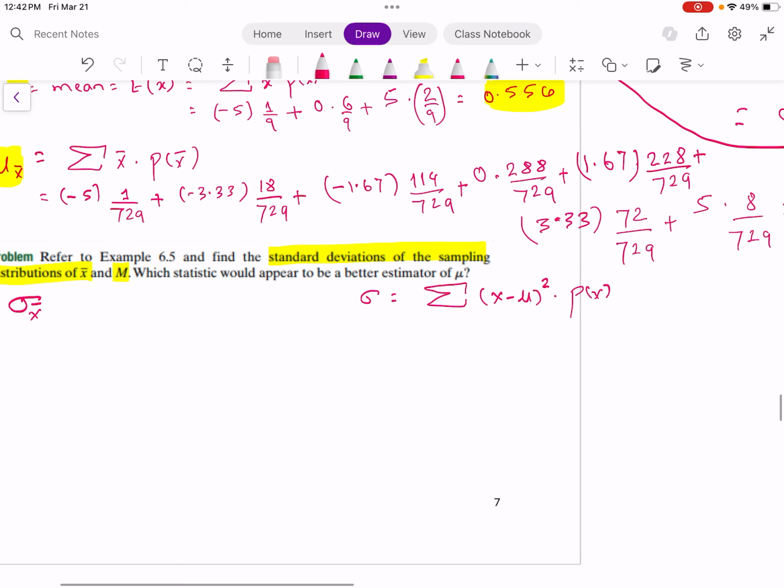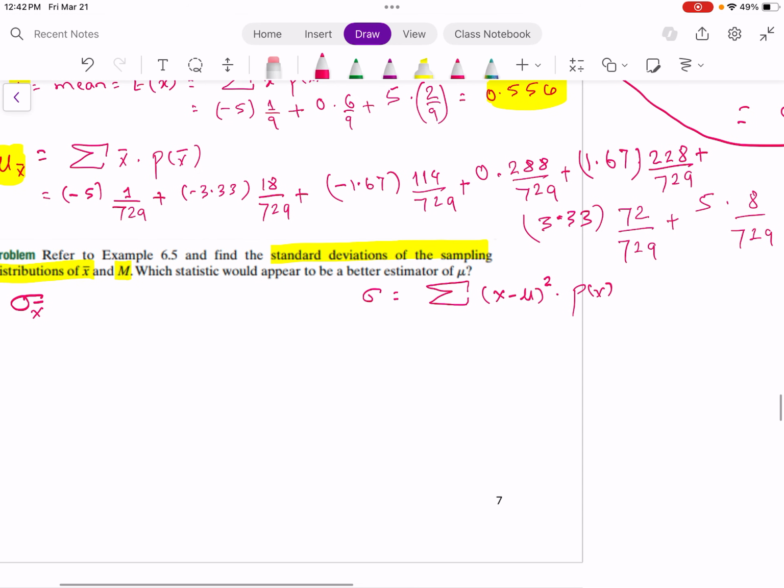So this is the formula for our parameter sigma. What will be the formula for sigma of X bar? It will be the summation of, now instead of x, what do we have? X bar minus mu of X bar squared times P of X bar.